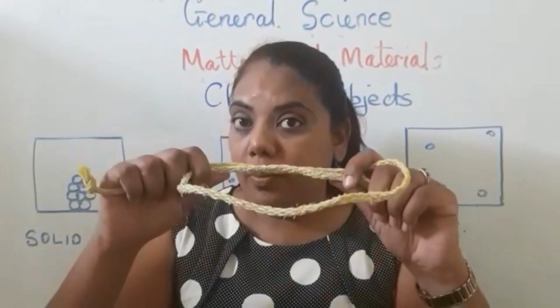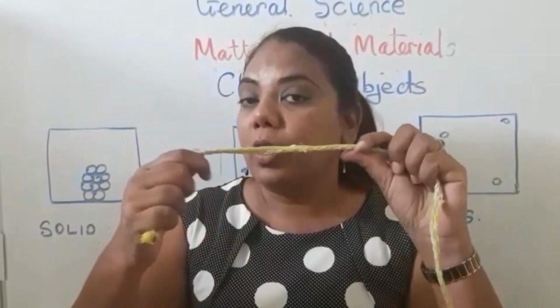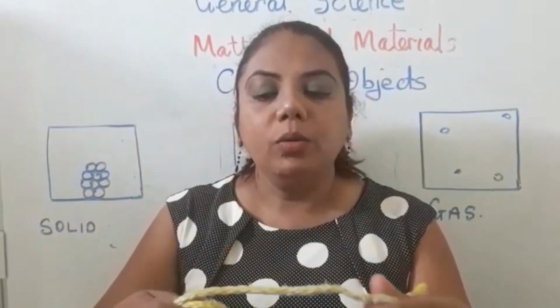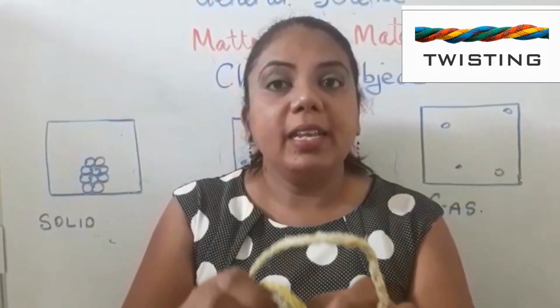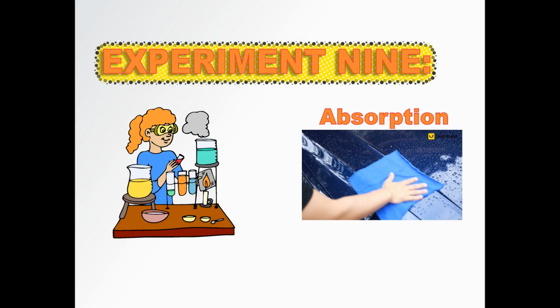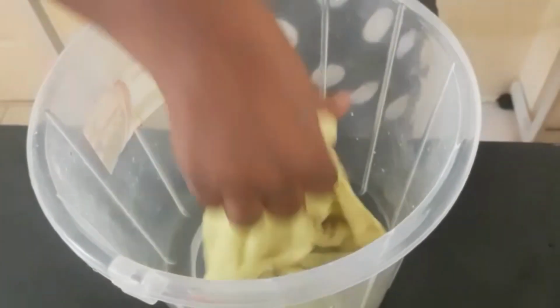We need a rope, and we can change the appearance of this material by folding, or we can even tie it and make a knot. Alright, we need a bucket with water and a cloth. Here I'm dipping my cloth into the water and wetting it.